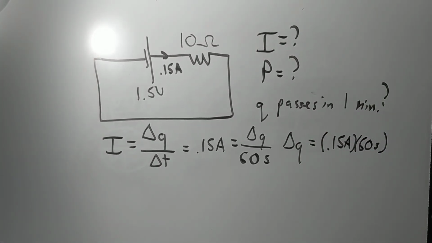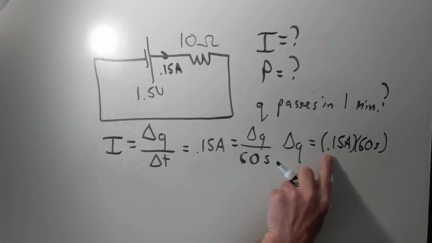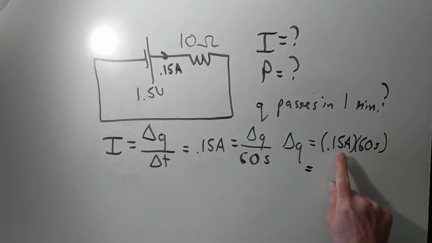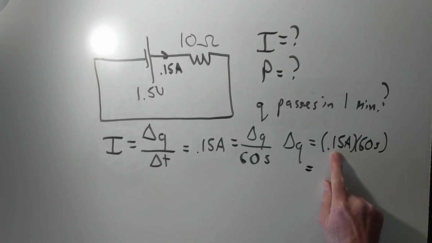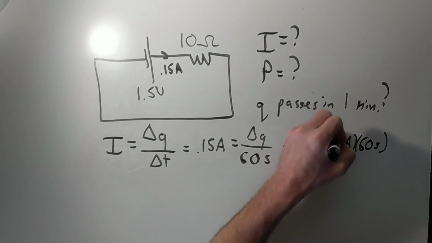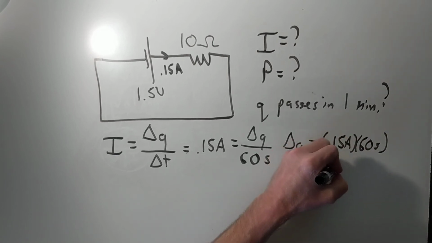And what we're going to see here is if we do a little bit of mental math, you've got 6 times 15. 6 times 15 gets you 90.